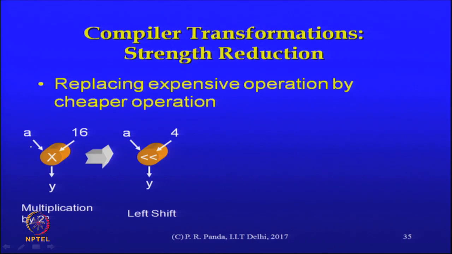Let us talk about a few other such simple transformations. Strength reduction refers to finding ways of replacing an expensive operation, however we define expense in terms of area or power or time, with a cheaper operation that does the same thing.